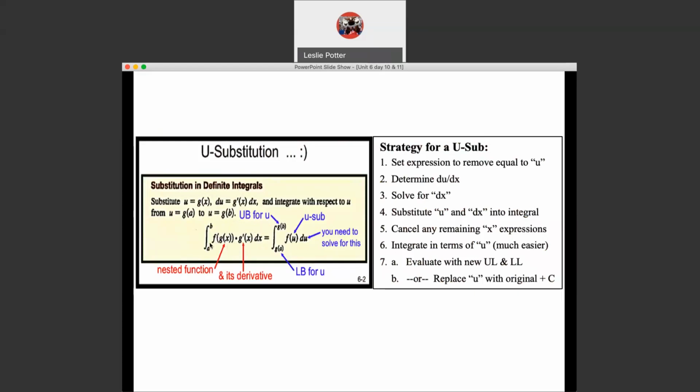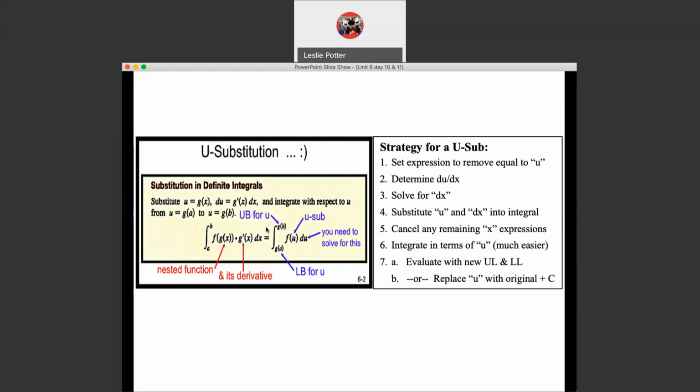Remember, this is the derivative of the original function, right? So we've got the derivative of the outside evaluated at the inside times the derivative of the inside. And so our substitution is doing that u substitution and manipulating the differentials, manipulating the derivative of the inside, so to speak, to get that du expression.